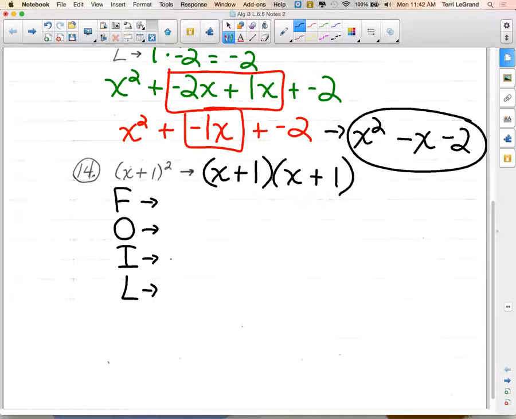Go ahead and do it. Let's see what happens. Your F step, O step, I step, L step. Set it together as an addition problem when you're done. Clean it up, and see if we all get the same answer.